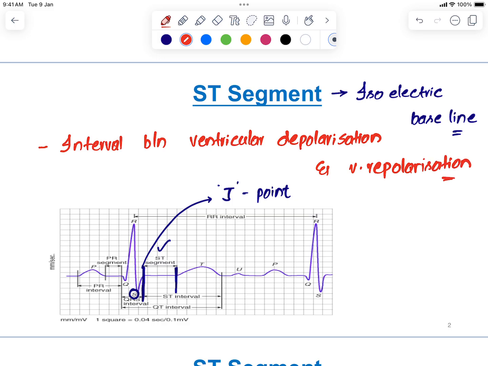Okay, so the ventricular depolarization is represented by the QRS complex, and ventricular repolarization is represented by the T wave. So between the QRS complex and as well as the T wave, that is what is your ST segment, okay, which is an isoelectric baseline.